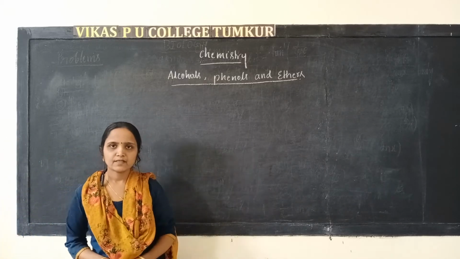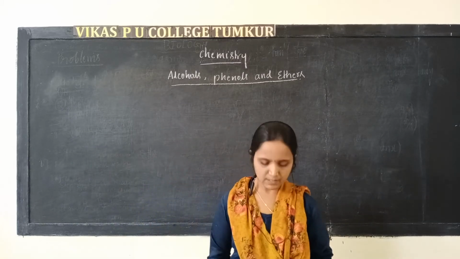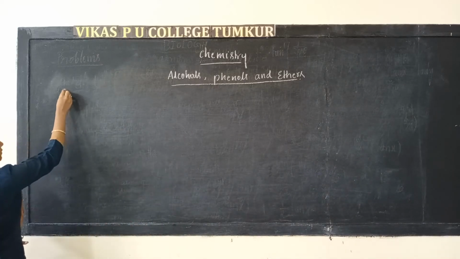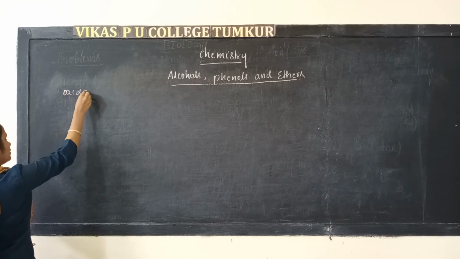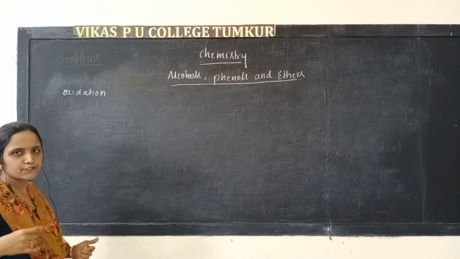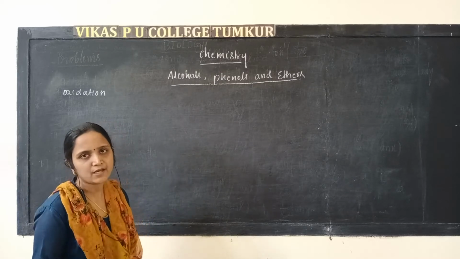Dear students, in this class we are going to be discussing the oxidation of alcohols. This is one of the methods used to distinguish between primary alcohols, secondary alcohols, and tertiary alcohols.